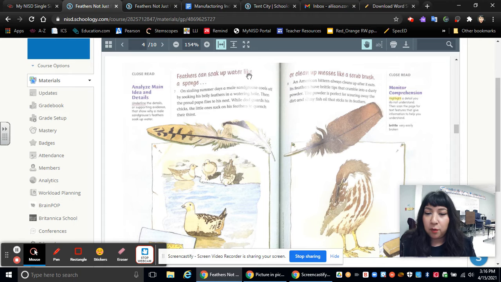Again, feathers can soak up water like a sponge or clean up messes like a scrub brush. So it's giving you hints as to what functions these feathers have.